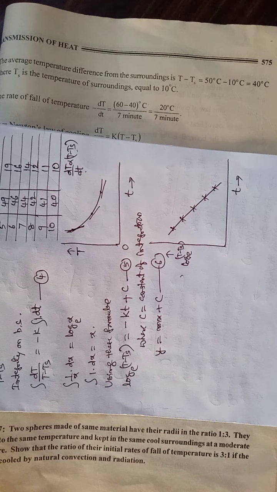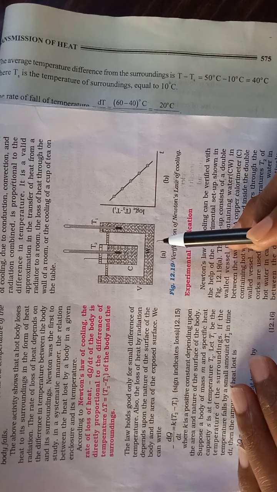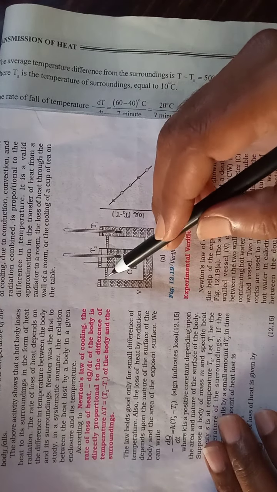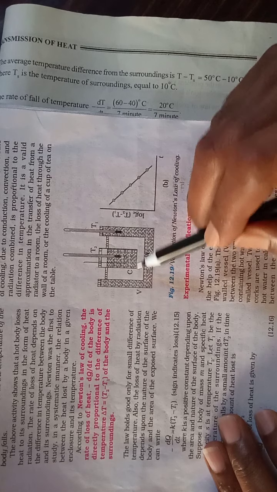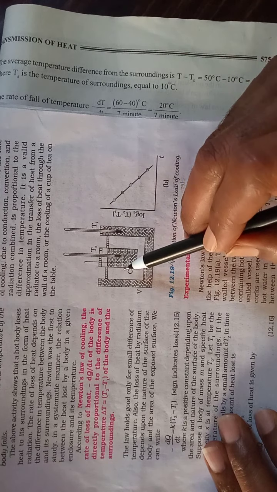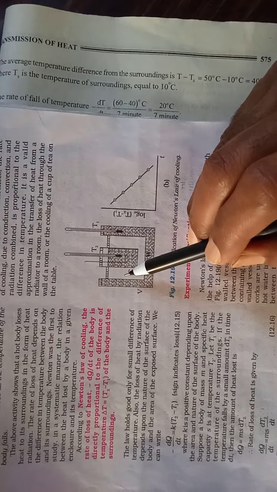Now let us see the experimental setup. This is a double-walled glass vessel, just like a thermos flask. There also it has two glass layers.